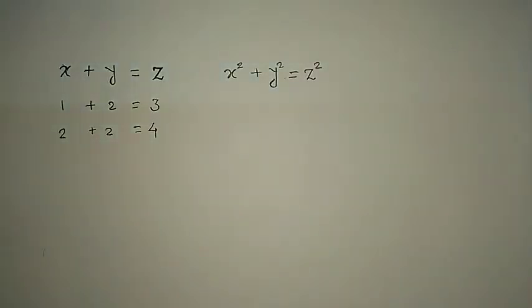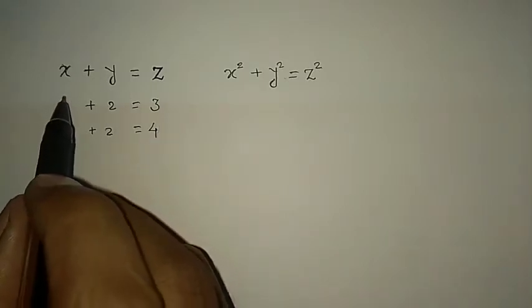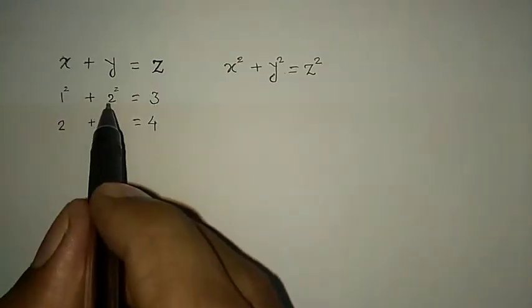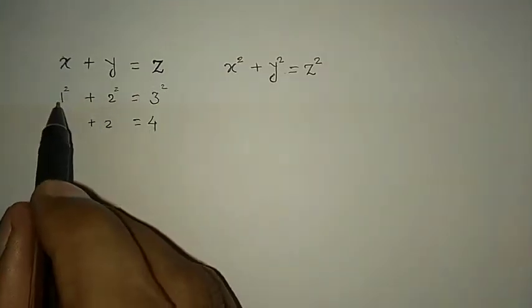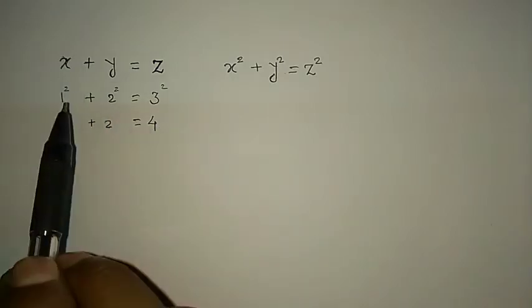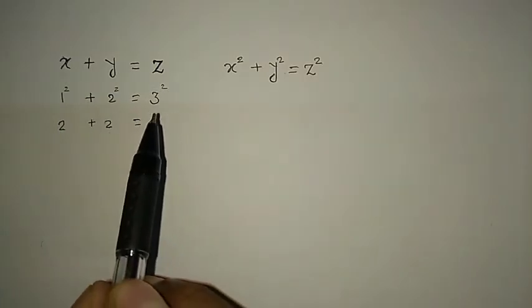Now can you give me a solution for this equation? If I write 1 square, 2 square and 3 square, will the left side and right side become equal? For x plus y equal to z, 1 plus 2 is 3 and the right side is also 3.